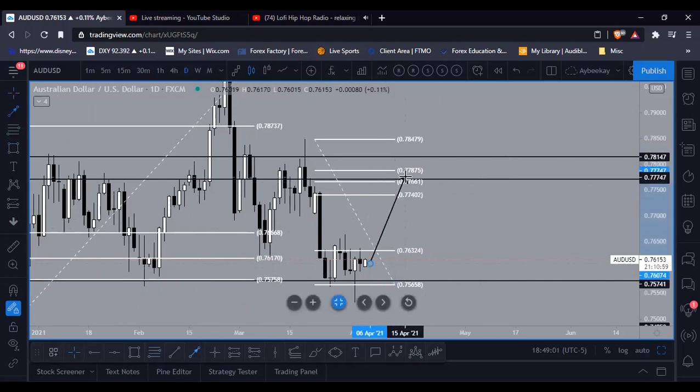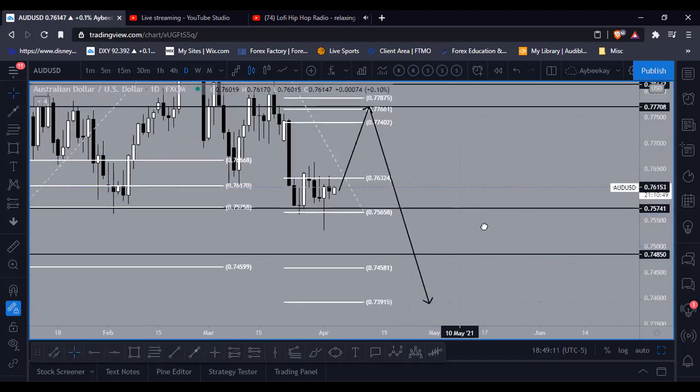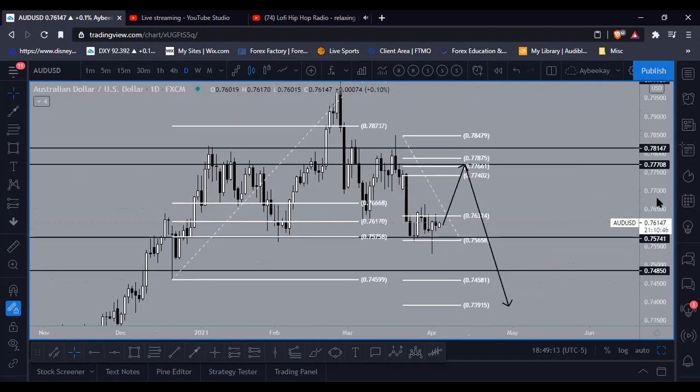I would probably say, okay, if price can come back up to this supply zone and reject, then I'll start looking for sells to take it to the downside. But as of right now, on the weekly time frame and on the monthly, this is extremely bearish. And the monthly candlesticks aren't really giving me any signs that this is going to turn around.